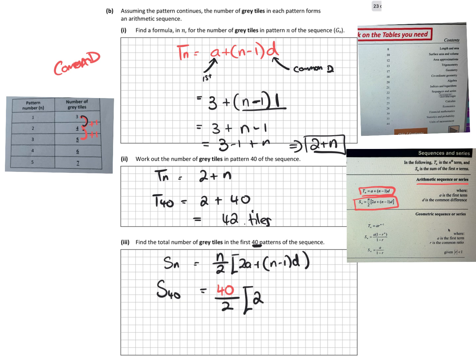My a is the first number in the sequence. So 2 times 3 plus n minus 1 times the common difference, and in this case, it's still 1. Close the bracket. You can type all of that into your calculator, and you are hoping to get 900 at the end. So really doable question so far.